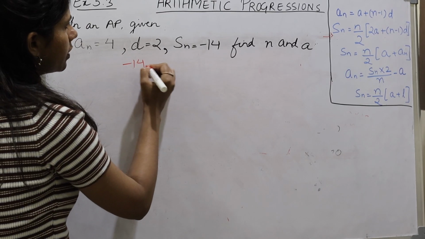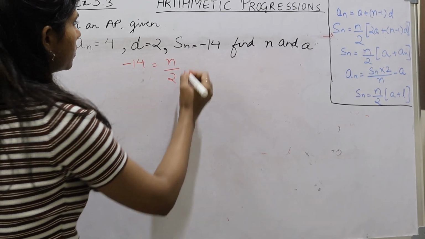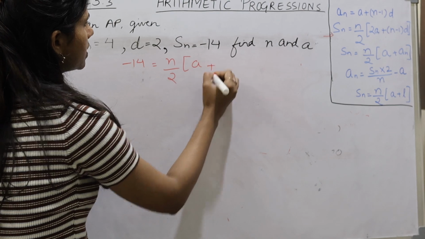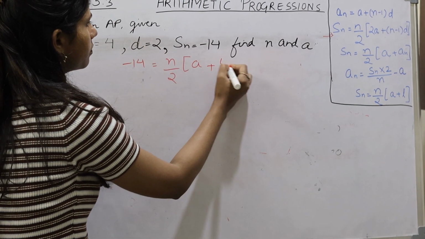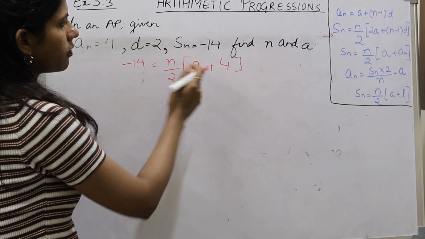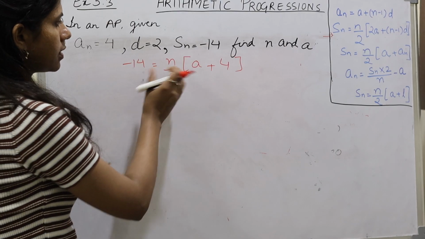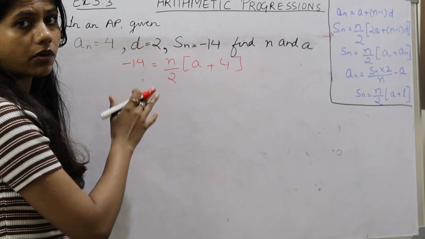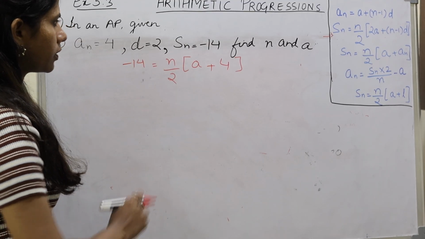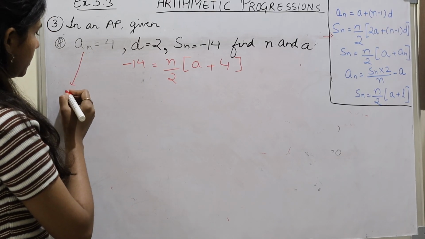So minus 14 equal to n by 2 a plus an is 4. Okay, now if you see here it is in the form of two variables. So what we should do is at least we should make it in form of one variable. So for that, let's see if there is any other information we can use. So if you see here, let's expand this one.